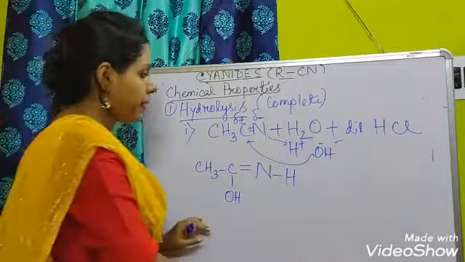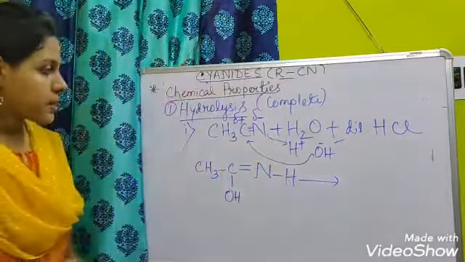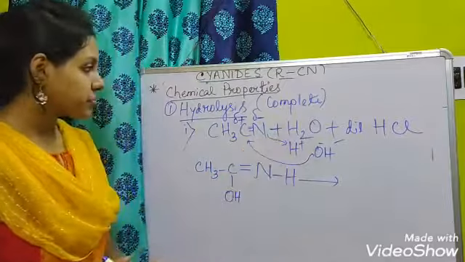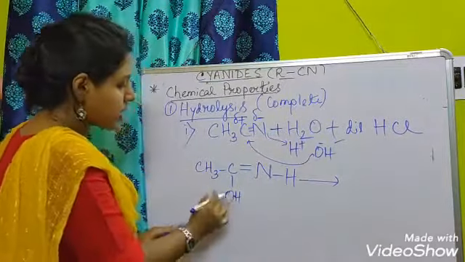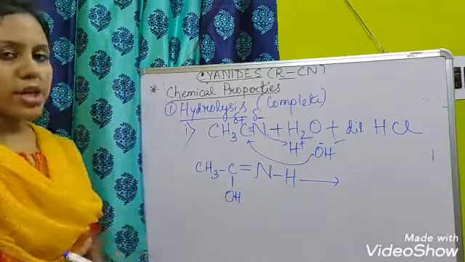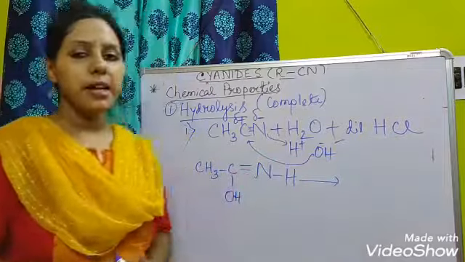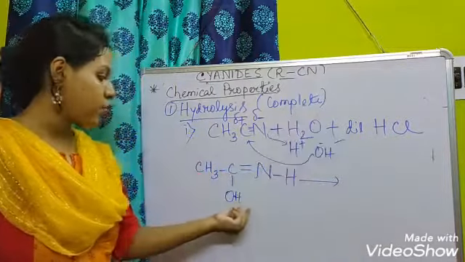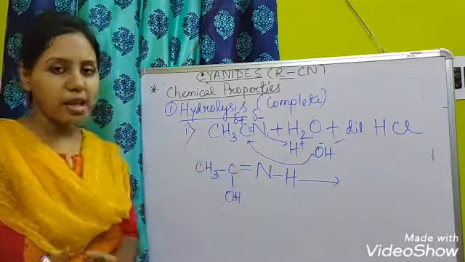After that, what will happen? Now as we have added HCl also, the bond between the O and H will be broken due to the presence of Cl minus ion here. Cl minus will extract the hydrogen.